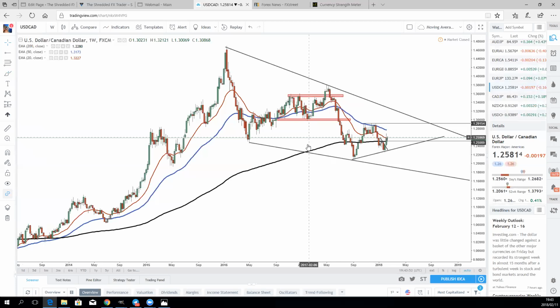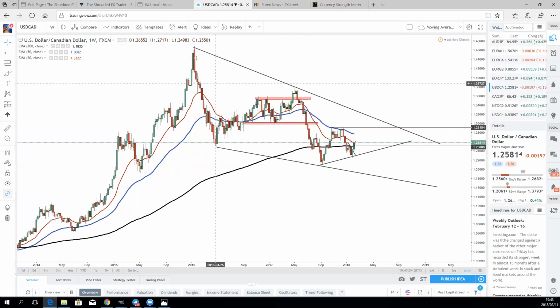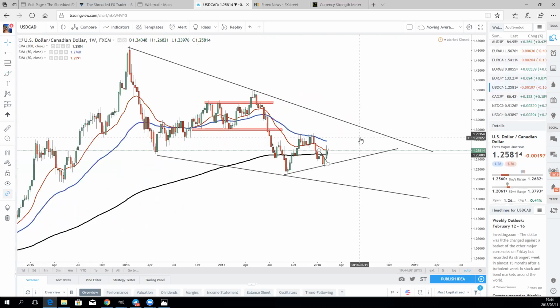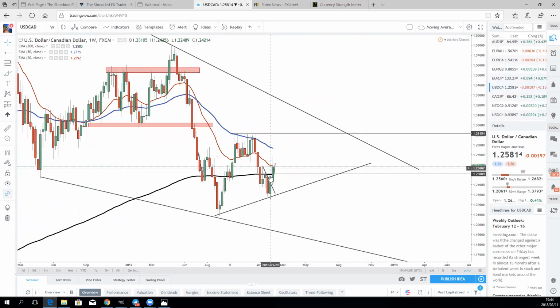USD CAD. Okay, we look on the weekly time frame, we can see the movements we've got. With 1, 2, 3, we're looking for an upside move before we come down again, possibly for a breakup. Last week we had a very bullish week. We did close just below, just on resistance.